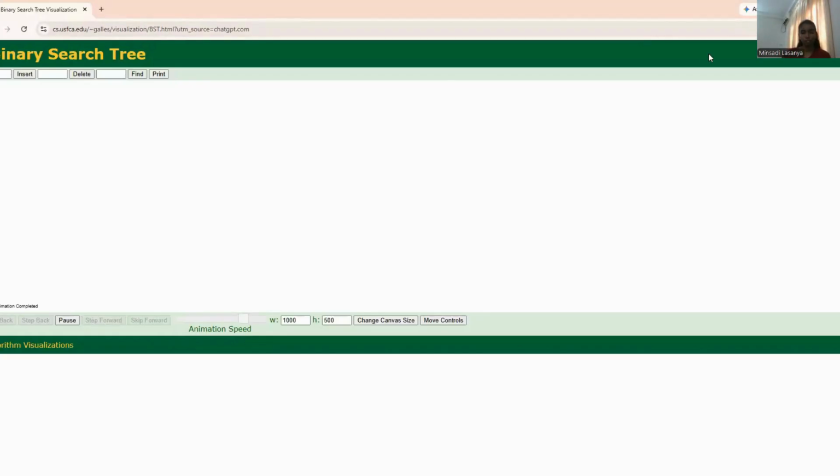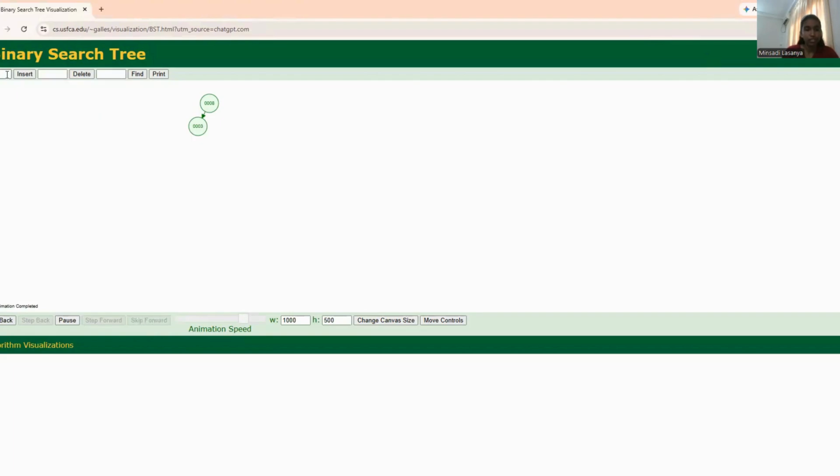Now I will demonstrate how to insert values into a binary search tree step by step. First I insert 8 and it becomes the root node. Next I insert 3. Since 3 is smaller than 8, it goes to the left side.